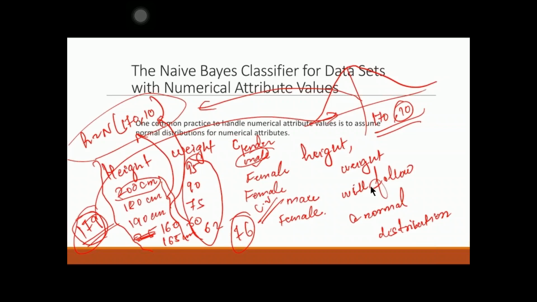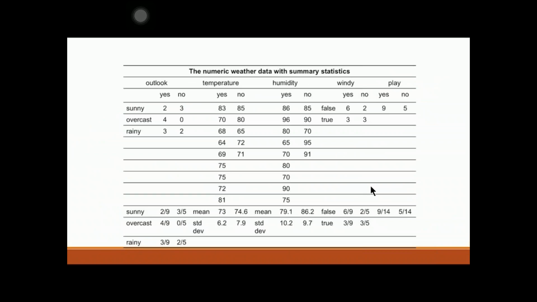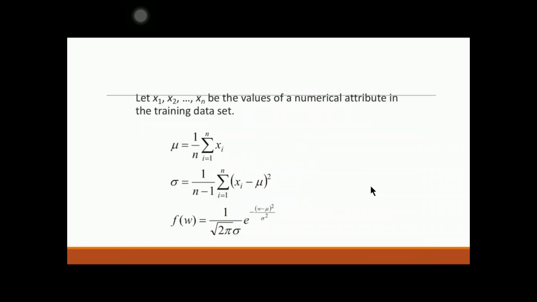Okay, so now there are a lot of slides in this. I think we have already explained this. For example, if this temperature is a continuous variable and humidity is a continuous variable, then you calculate the mean and the standard deviation for each. The rest is categorical. This is the function of the normal distribution.